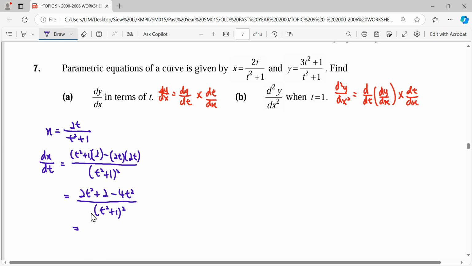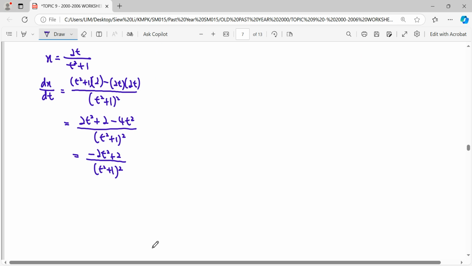So we can get here, and once again we can see 2 can be factorized out. So I take out negative 2 so that here is t squared, and when you take out negative 2, minus 1.